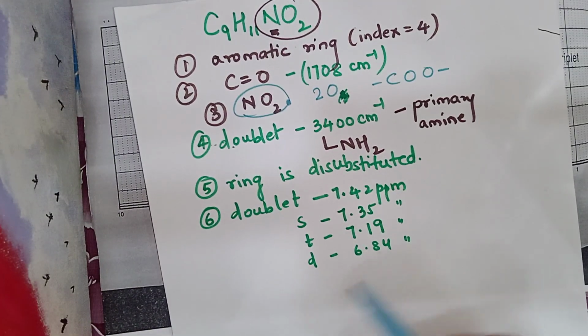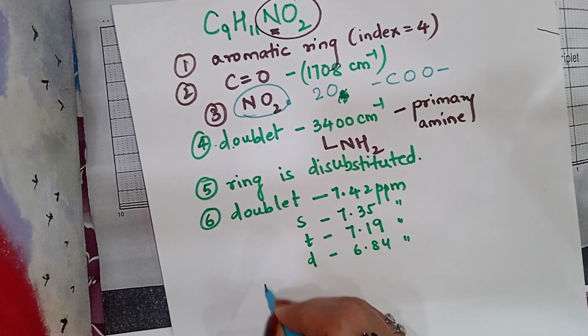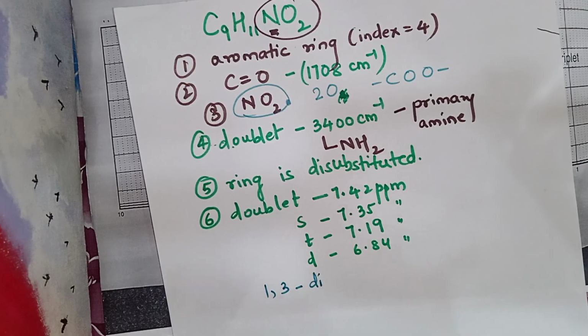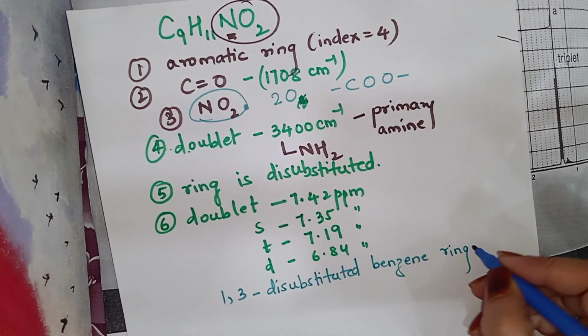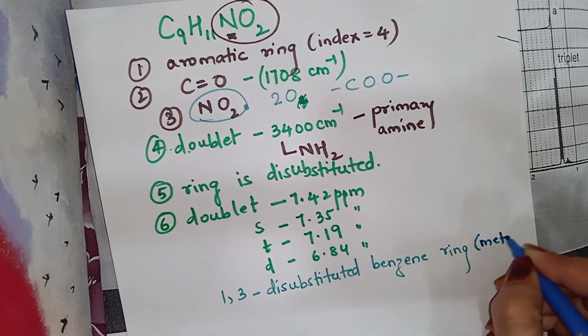Thus you can say that this pattern suggests a 1,3 di-substituted, that is, meta position.